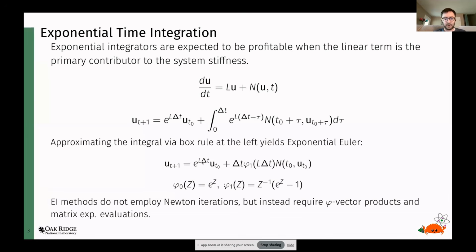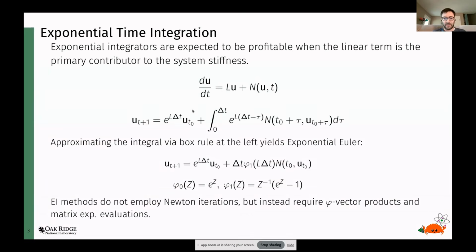If that contains terms which vary in magnitude, meaning that it's very, very stiff, these classes of integrators can be very profitable because you can calculate this matrix exponential with extremely high accuracy. So this is the type of problem that you would be interested in solving with an exponential integrator. And I want to be clear, they are applicable to linear and nonlinear problems. It's just particularly advantageous if they are linear dominant, and that's where the stiffness is coming from.